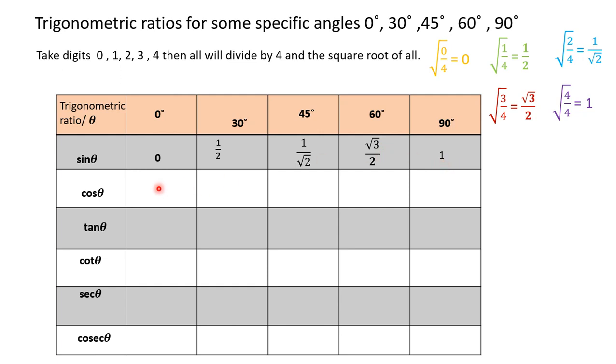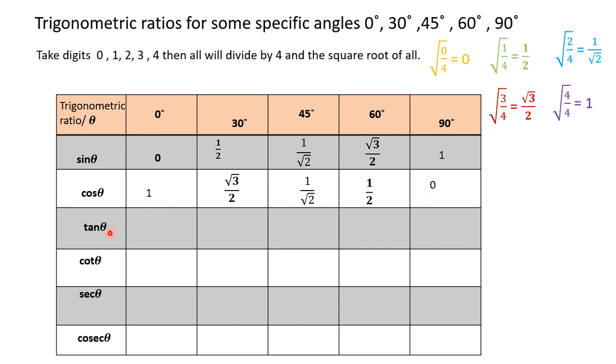So sin 90 degree becomes cos 0 degree, sin 60 degree becomes cos 30 degree, sin 45 is the same as cos 45, sin 30 degree becomes cos 60 degree, that is equal to 1 by 2, and sin 0 degree becomes cos 90 degree. Now we can easily write the reverse order of sin to get the cos theta values.